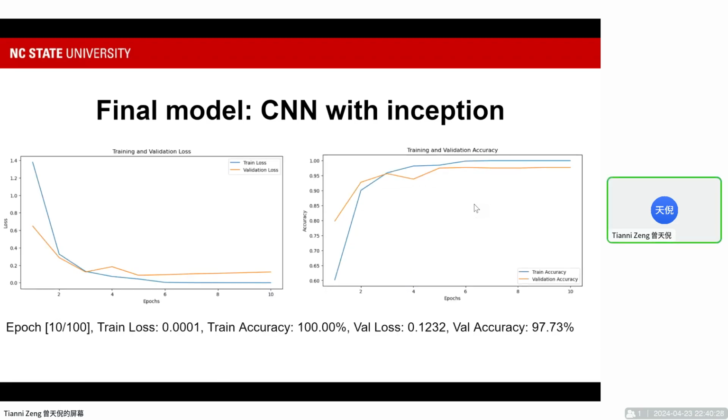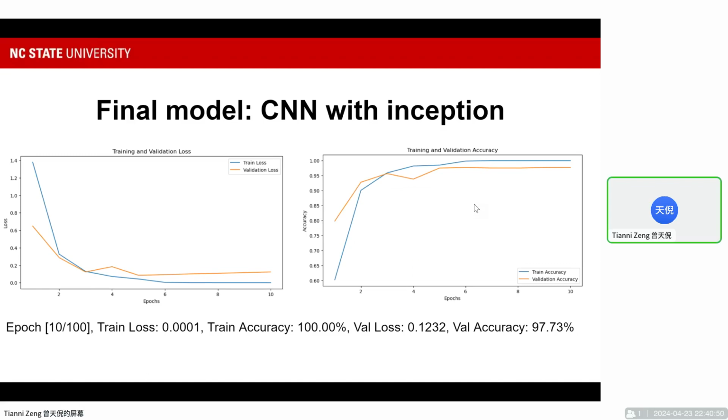Here is the performance of our final model. On the left side, the graph shows the training loss and validation loss. The right side shows the training and validation accuracy. When doing the training, we added the early stop mechanism with tolerance equal to 5.